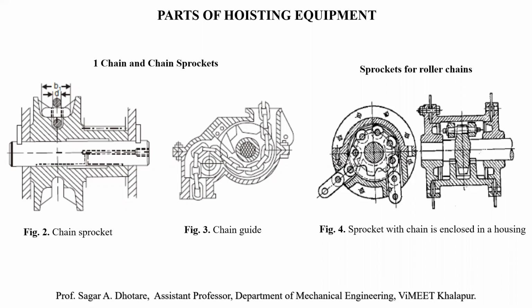We will discuss a few components which are used in hoisting equipment. First one is the chain and chain sprocket. The types of chain used in a hoisting mechanism are welded chain, welded load chain, or roller chain.